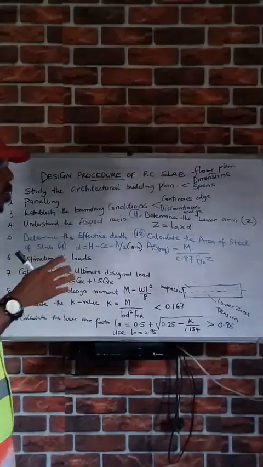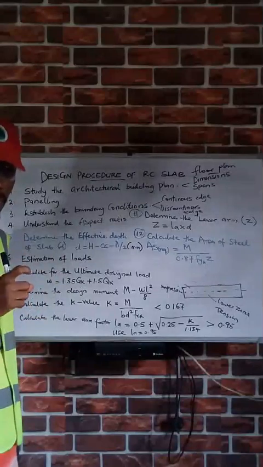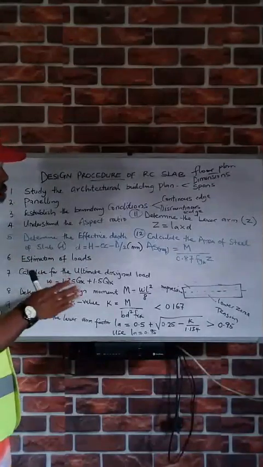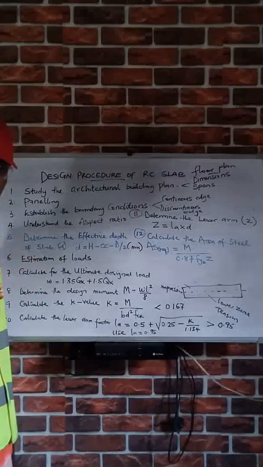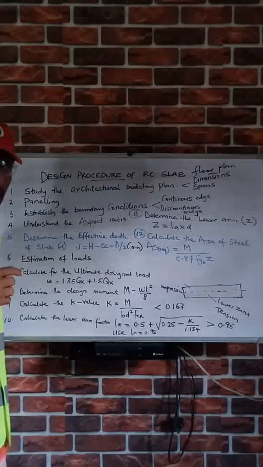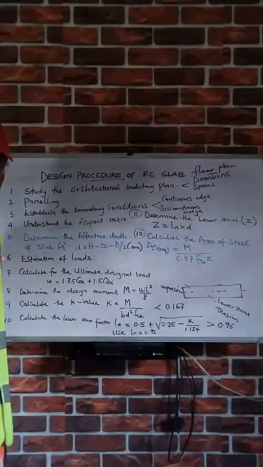Remember, before you design, you adopt a certain strength. That is why what we are doing here also gives you an idea when you're using any design software: the strength of the materials must be considered.